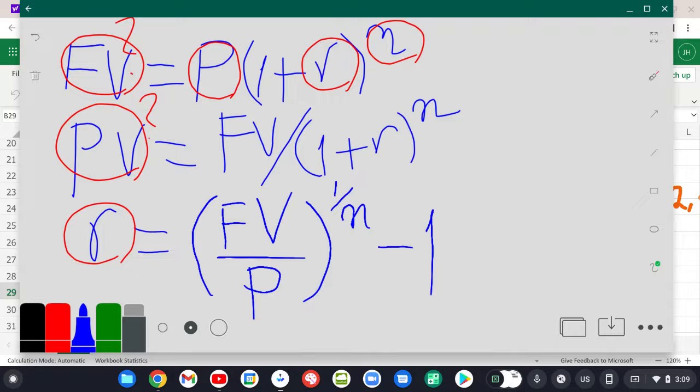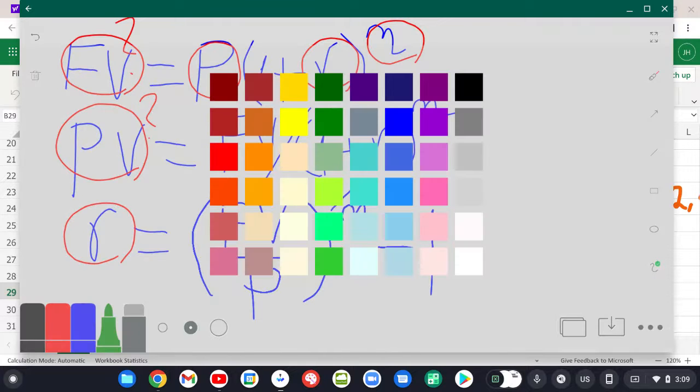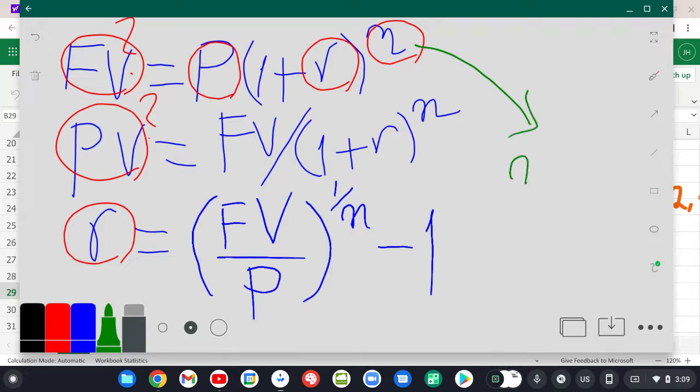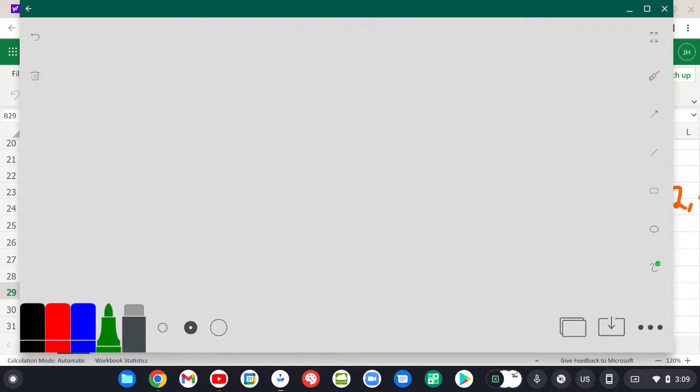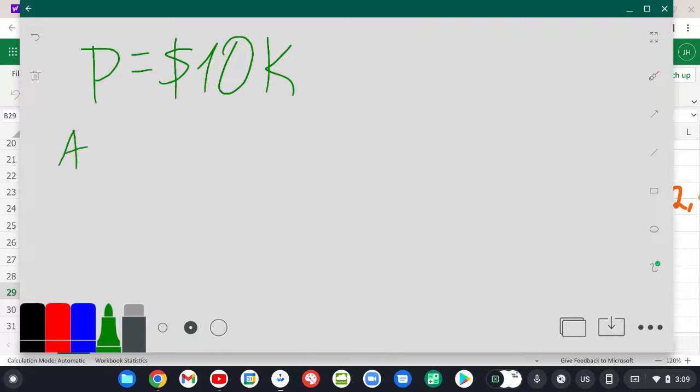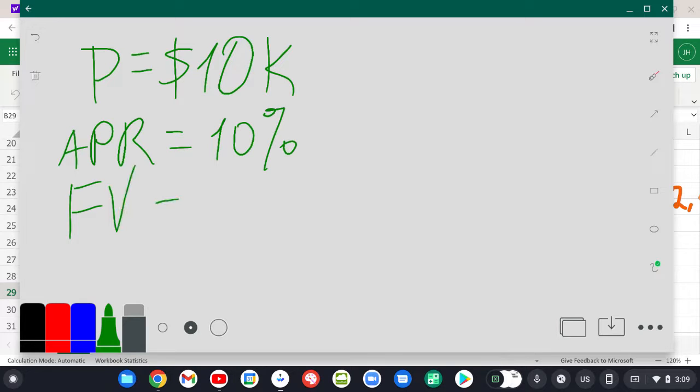Okay, so then our next question is, what if n is the unknown? We can think about a scenario like that. Of course, you have 10K principal, you put it in the bank, and currently APR is, let's say, 10%, and you have a target future value.